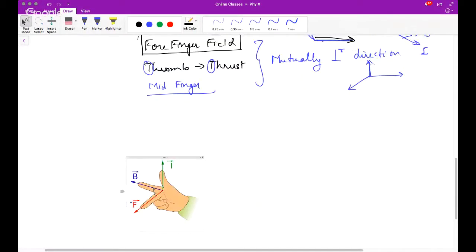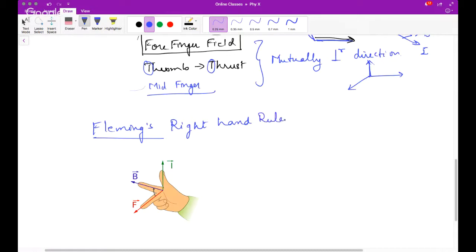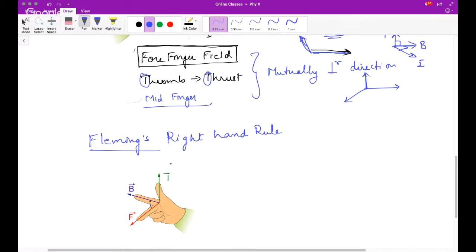Now we'll discuss the right-hand rule. So this is Fleming's right-hand rule. Very important thing.